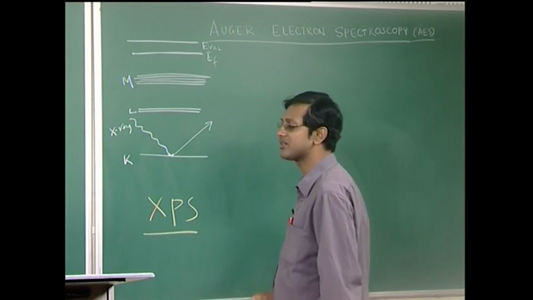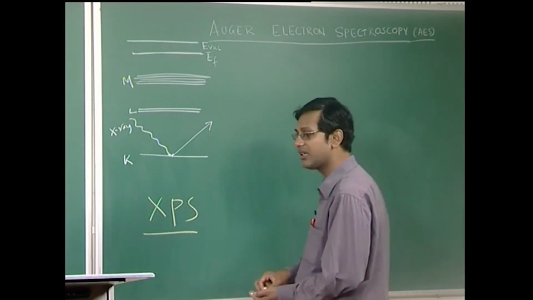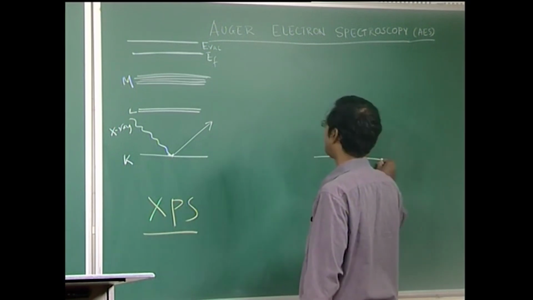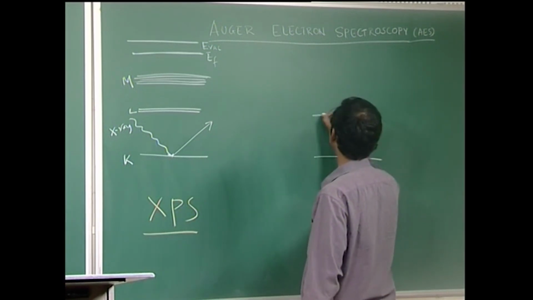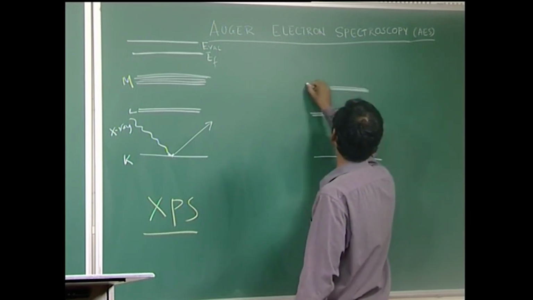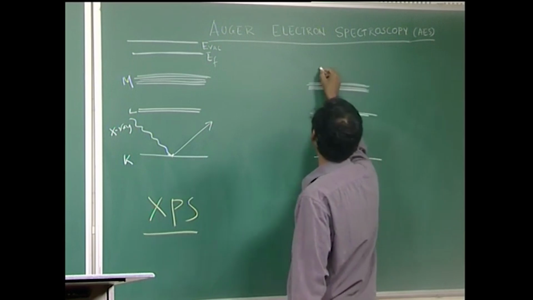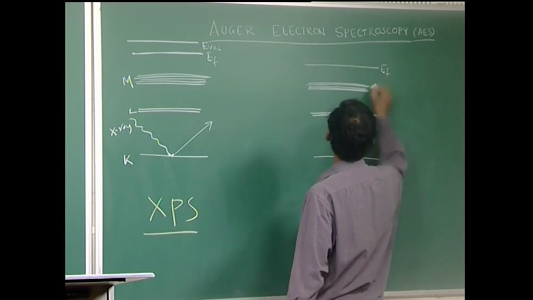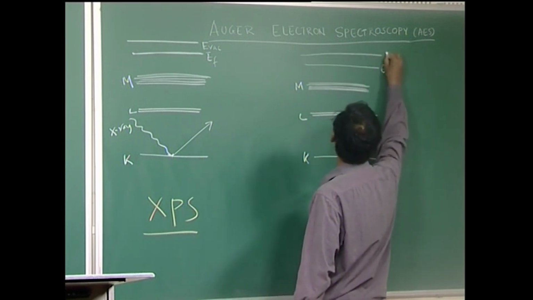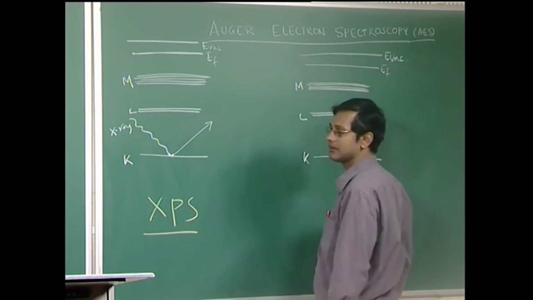Now let us discuss what happens in AES. So, I draw the same thing here again. I have K level electrons, L shells, and then M shells.